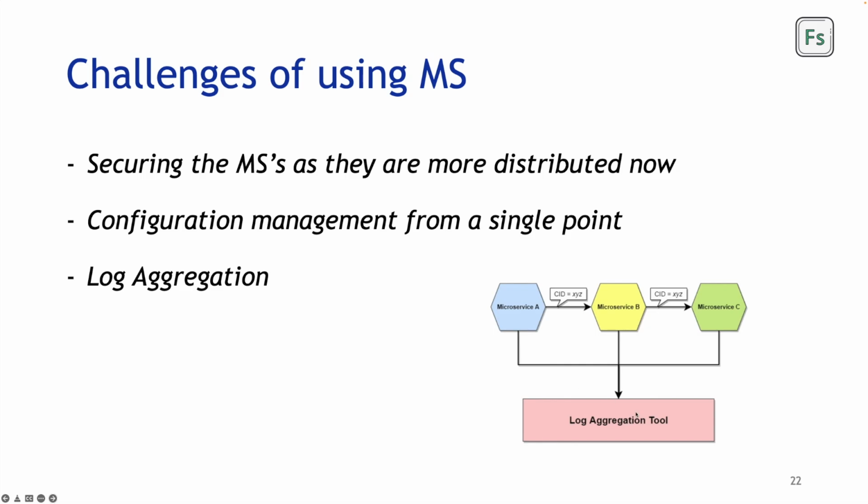So we need to use some log aggregation tool, like Splunk or some other tool, or Kubernetes has something as well, or you try to create something on your own.